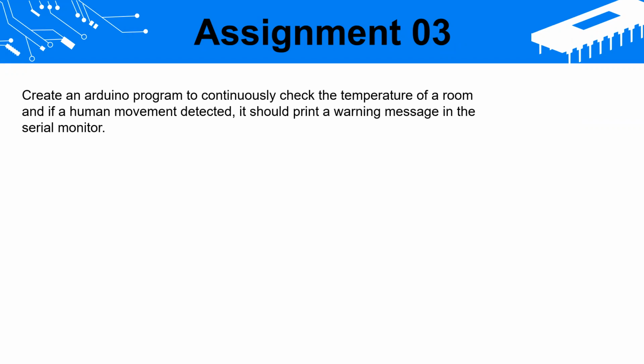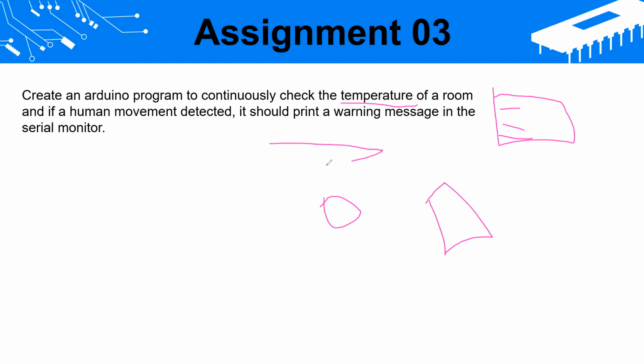For assignment 3, you have to implement a behavior like this. You have a temperature sensor in your room that senses the room temperature and prints that value on your serial monitor. Then you have your PIR sensor. If someone moves around your room, it should detect that in real time and print a warning message.